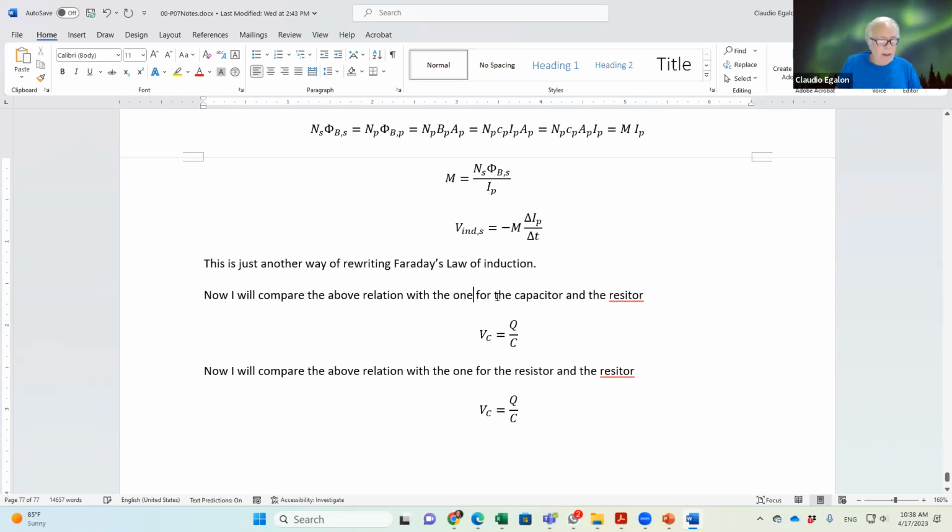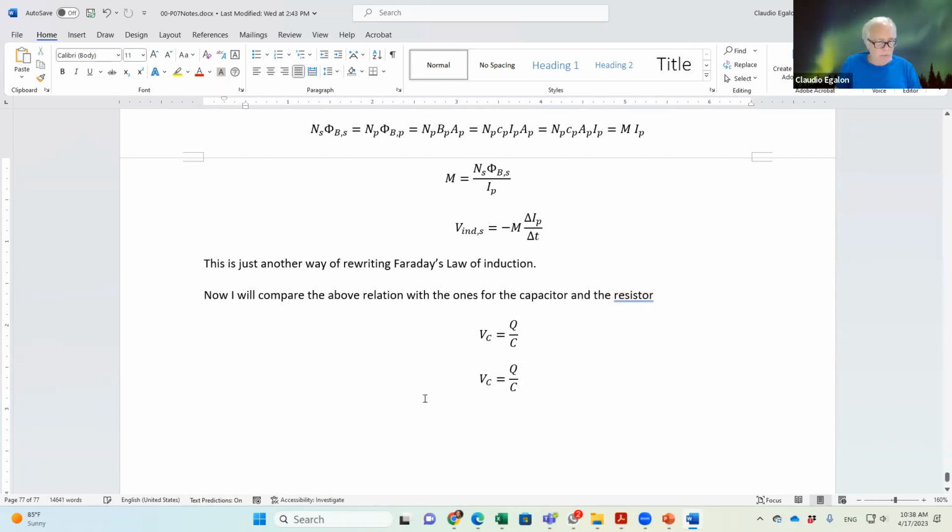That would be for the capacitor, and now for the resistor, V equals R i. Here I'm going to write down R i specifically. R i is what? R i is delta Q over delta T, right? Make sense?